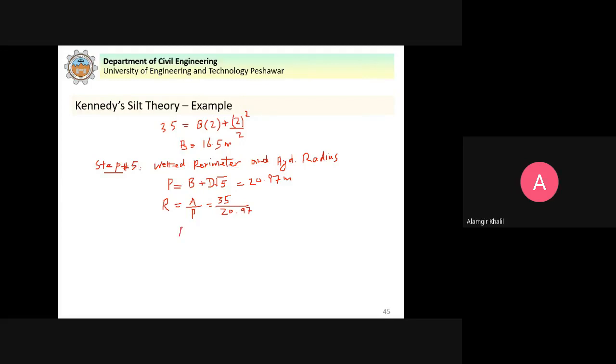So this will give us the hydraulic radius. This is 1.67 meter. So now we have the hydraulic radius, so we can go to the final step, step number 6 of the design procedure.